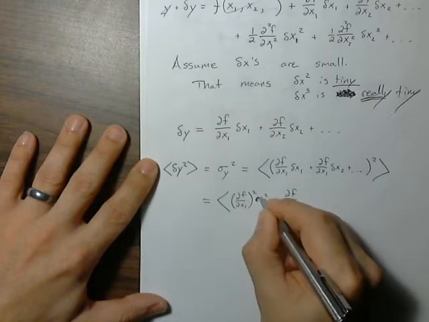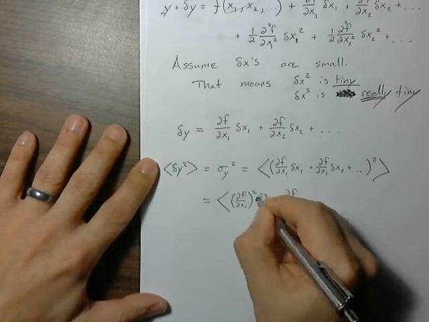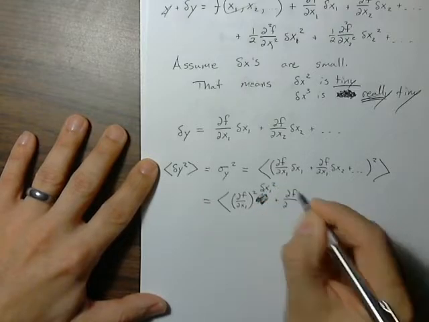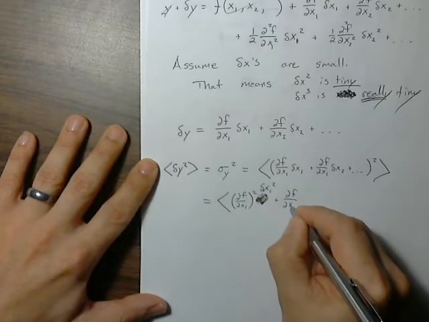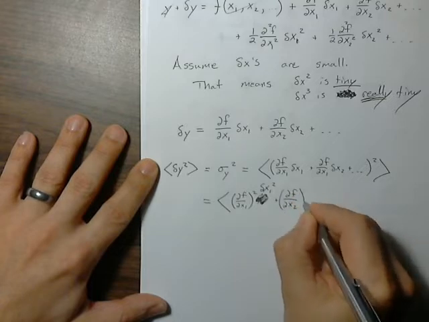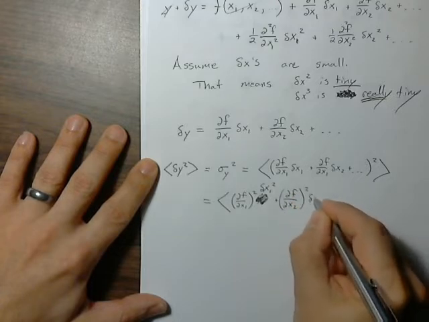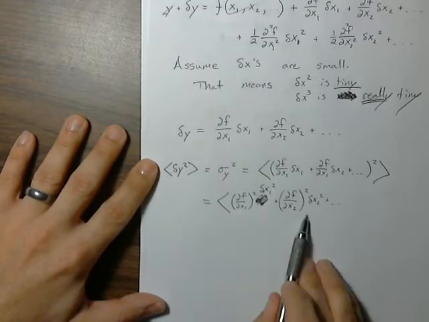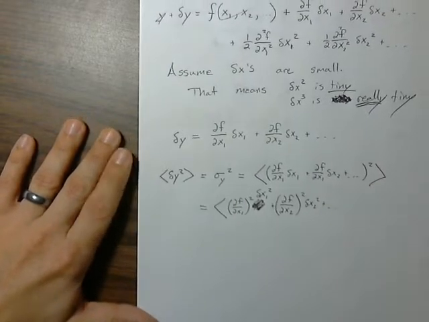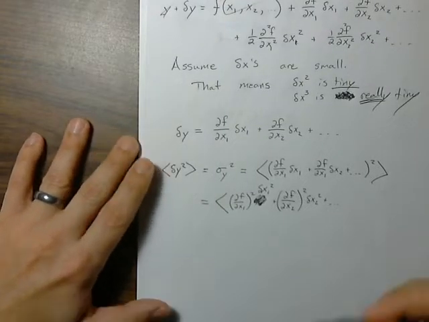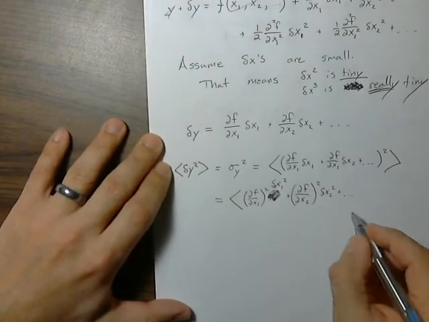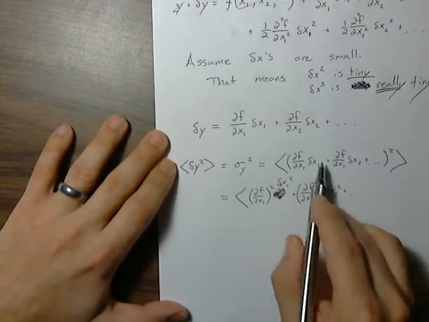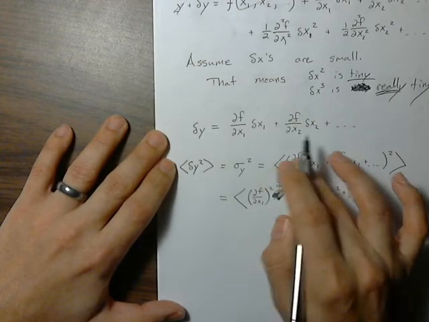Oh, excuse me. We're not ready to say variance yet. Sorry. I jumped way ahead of myself. There. So you'll have terms that look like this that are just each of these individual terms squared, but then you will also end up with the terms that cross multiply each other, right? So you'll end up with the interaction terms.